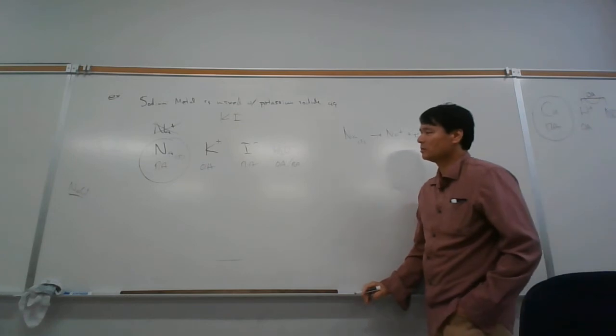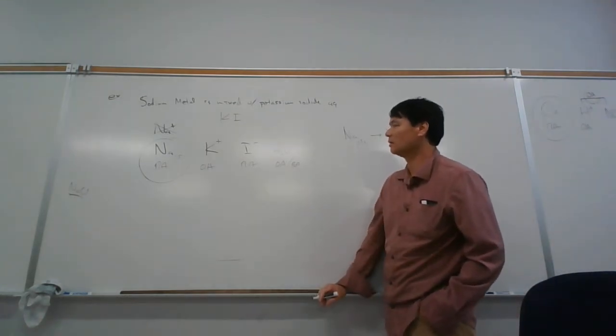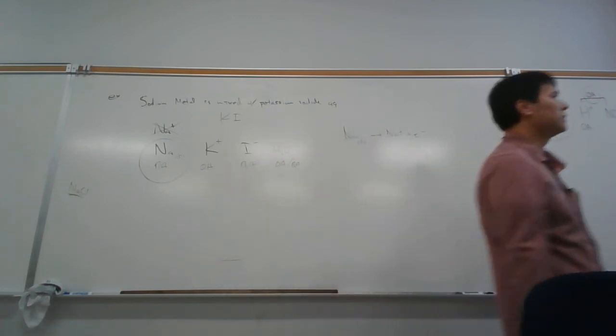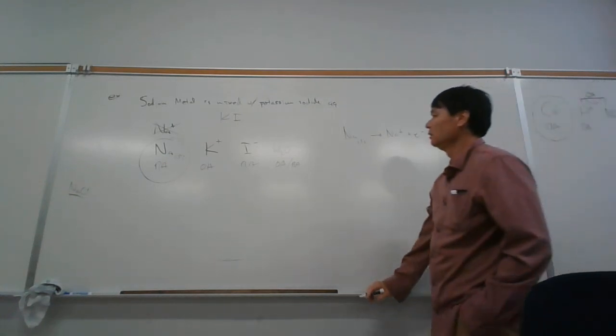That's the strongest reducing agent, so this is what we expect to happen. Sodium loses electrons easier than iodide. It's a bit harder to take the electrons from iodide to form I2. And it's quite a bit harder to take the electrons from water. When water loses electrons, it forms oxygen gas. And it's pretty hard to oxidize water.